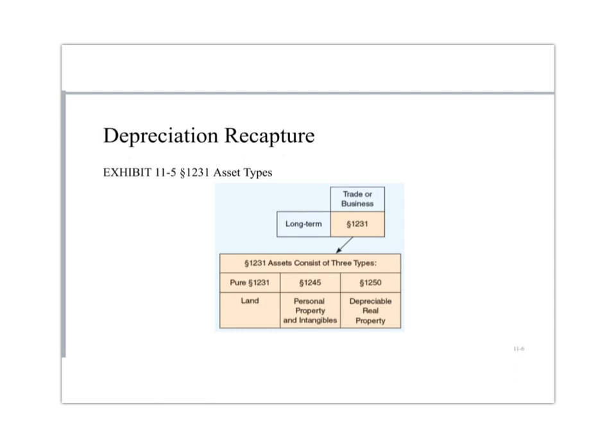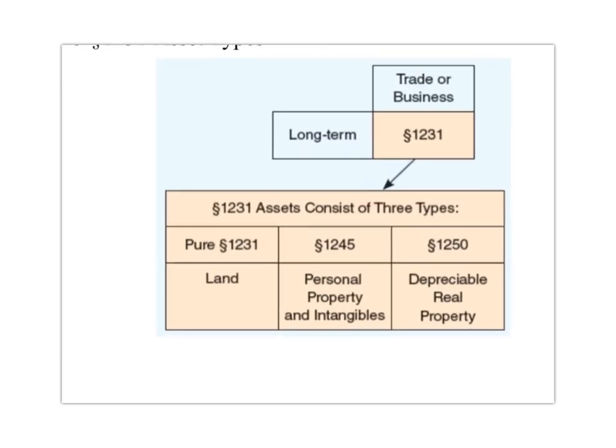I've included this little slide in our discussion because it talks about the asset types. 1231 assets really consist of three potential types. Land is considered a pure 1231 asset because it cannot be depreciated. Personal property and intangibles are called 1245 assets, and that's because of the Internal Revenue Code section that describes their treatment.